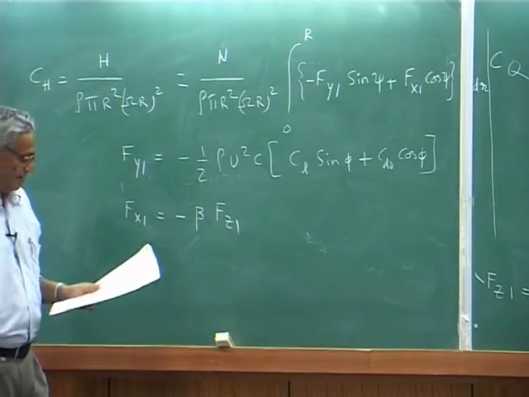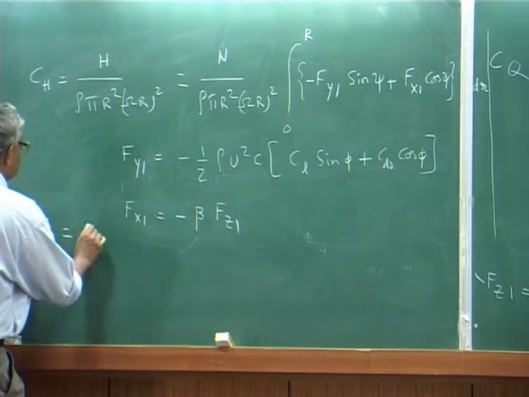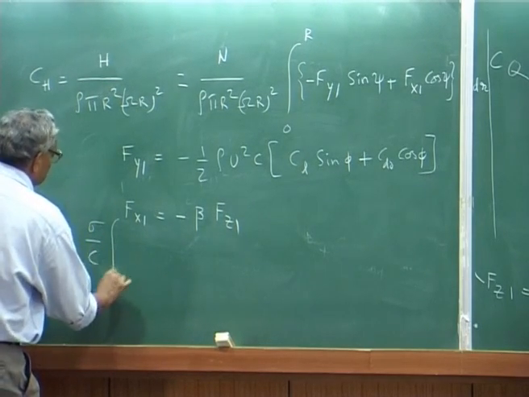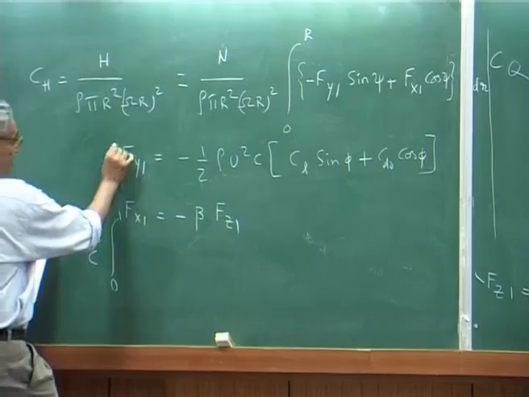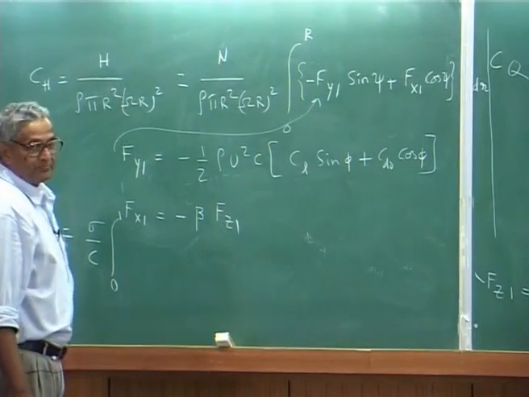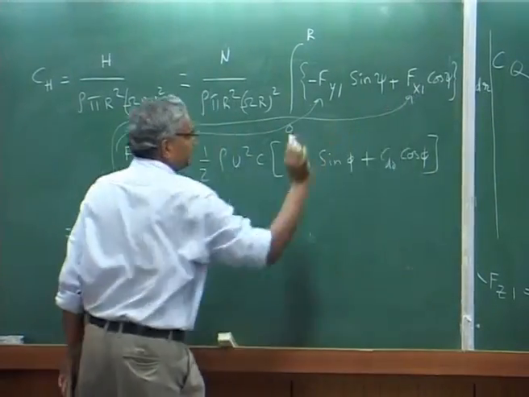Now you will get the C_H expression, sigma over C, 0 to 1, because I am just saying you put this here, okay, and this also there, put it there.